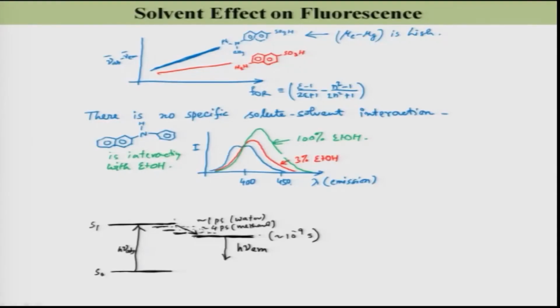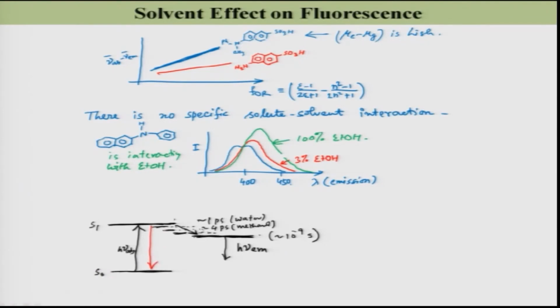Let's ask the question in a different way. If you really want to get the information of this state, what you are going to see is emission at 0 time from here, nothing has been solvated, no energy minimization because of the reorientation of the solvent.